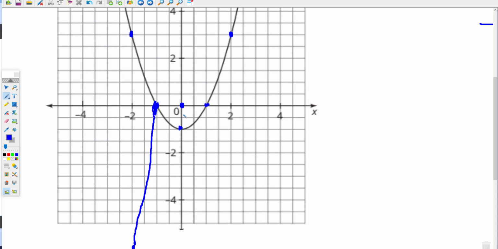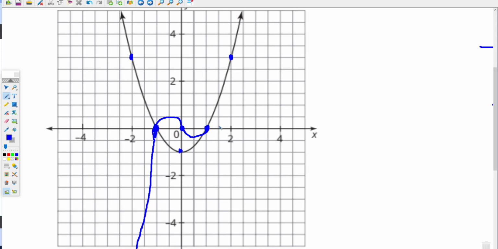Am I going to go above or below the line, do you think, here? Above, because I don't have that duplicate 0. So the next spot was at 1, 0. Since I don't have 2 x's, I'm going to go below. And my next point is at positive 6. So something like that.